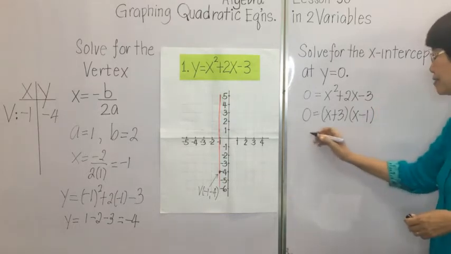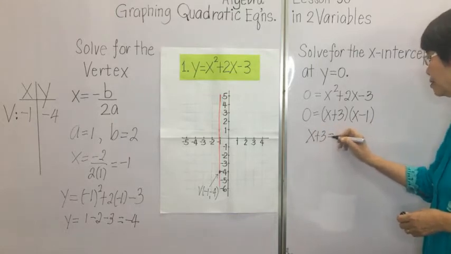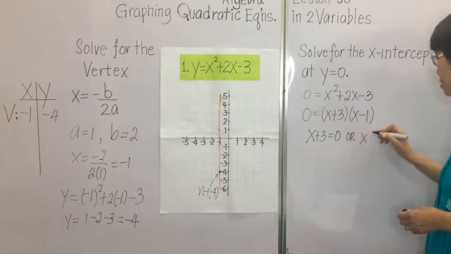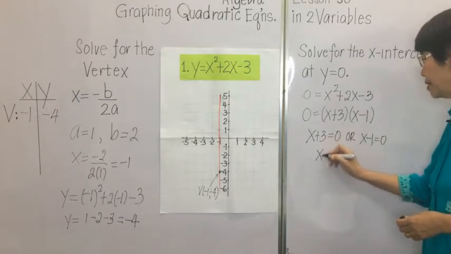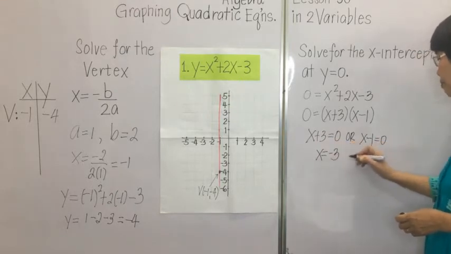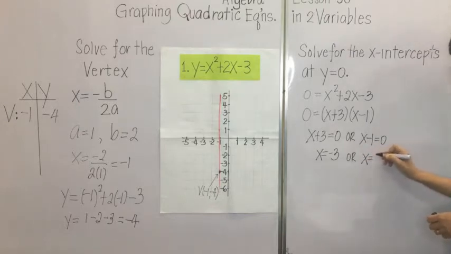Then solve for x. We have x plus 3 equals 0, or x minus 1 equals 0. So x is equal to negative 3, or x is equal to 1.